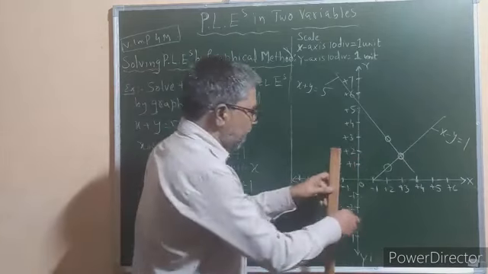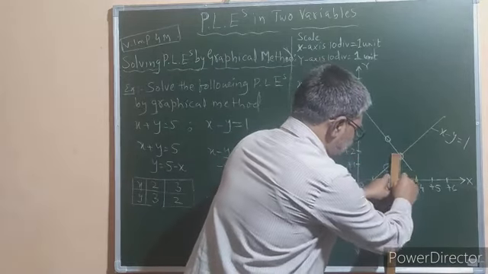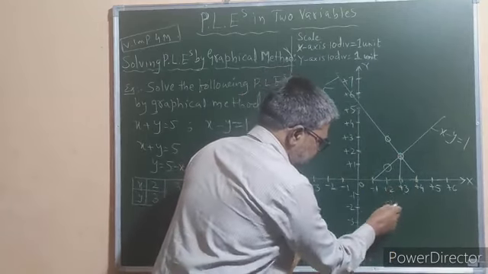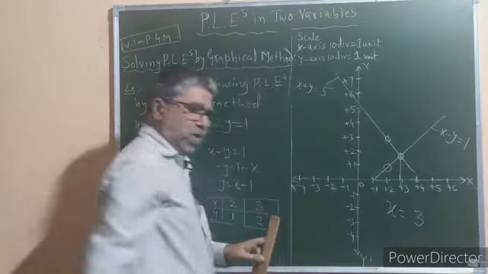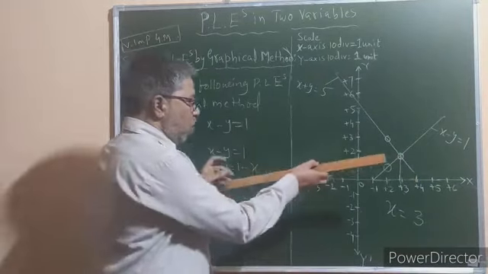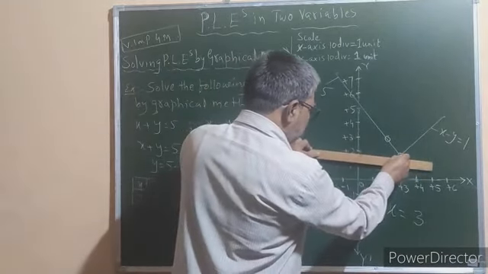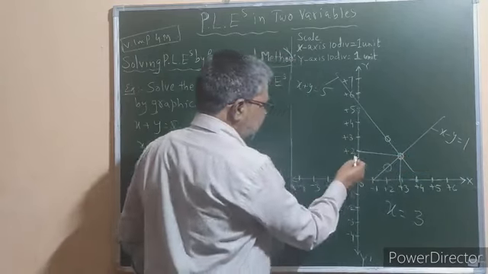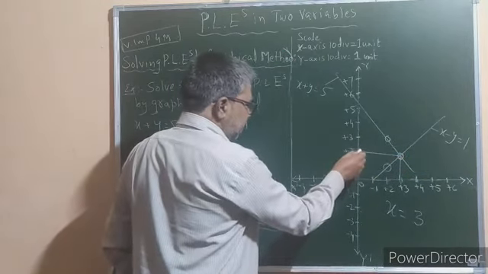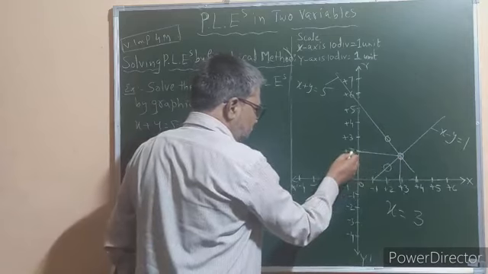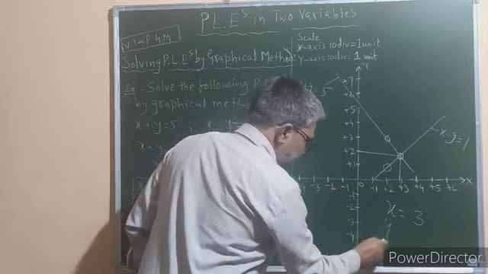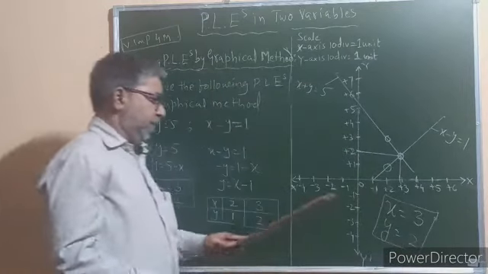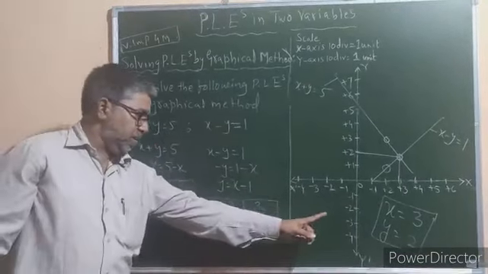So draw 2 perpendiculars, one on the x-axis. This perpendicular falls on 3, therefore the x value is 3 here. Now draw one more perpendicular from the same point on the y-axis, and you see this perpendicular falling on plus 2, therefore the value of y in this particular example is 2.